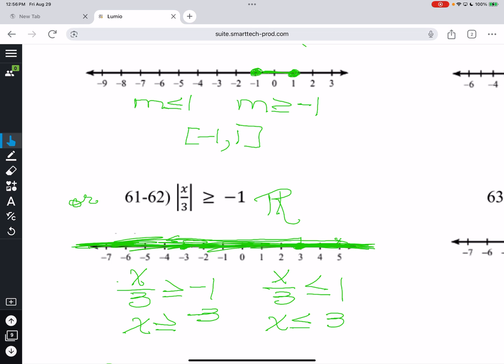And has to be with a share because it's and. It's this and that. So it goes from here to here. If it does this, that means one went that way and one went that way, and they don't share a thing. And they'll never cross over to be all real numbers because this point right here wouldn't be working for this number, and that point would be beyond that one. Does that make sense, Wesley?